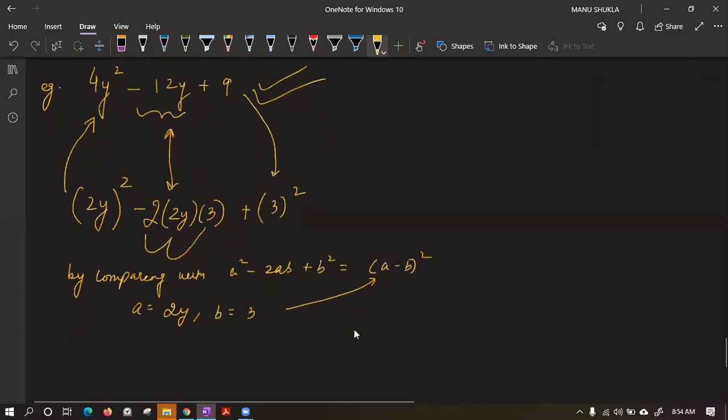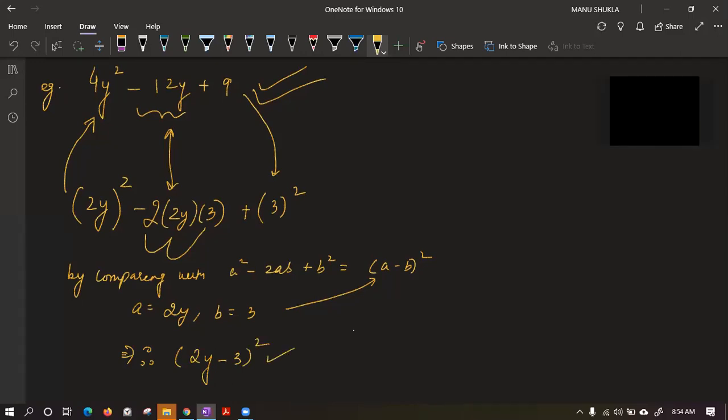Yes, Ananya, good beta. So we can say, therefore, the answer is 2y minus 3 whole square. That's it. Harshul, I think your camera is on, beta. Please check. Yes, it is easy. So let us try one more example.